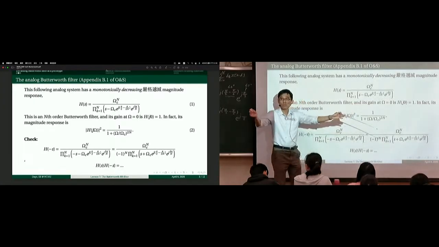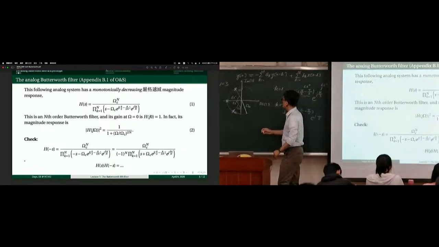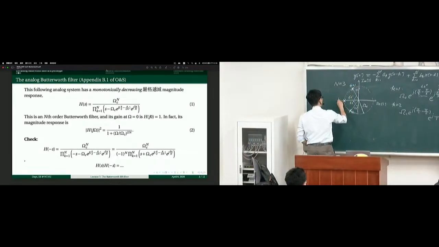That's the angle of your pizza. Is that clear? One slice of pizza is 60 degree. So that's k equals 1, k equals 2, k equals 3. We are creating 3 poles on the left-hand side, equally spaced by 60 degrees. That's n equals 3. That's pretty straightforward.